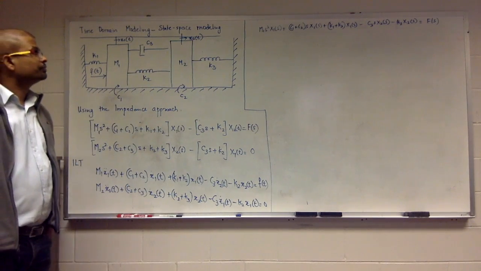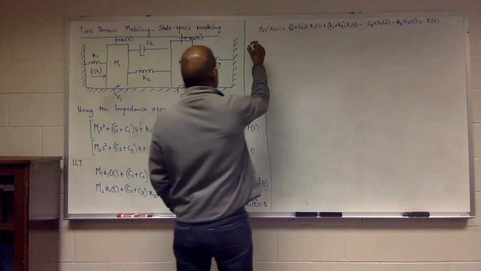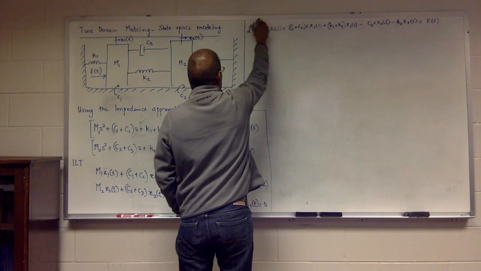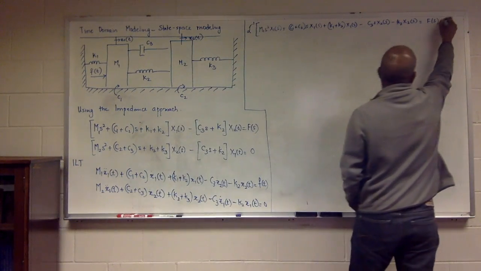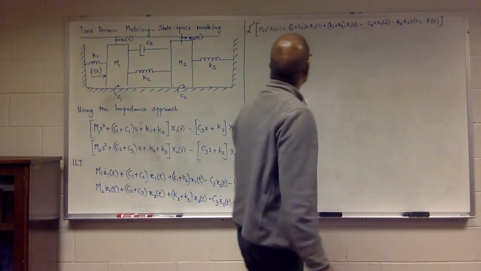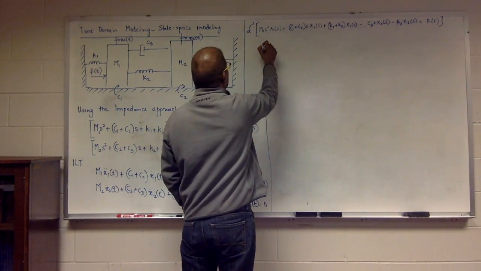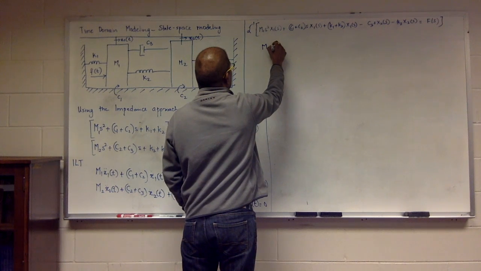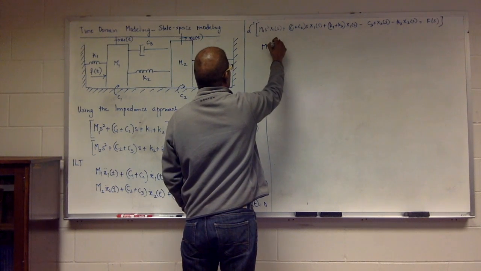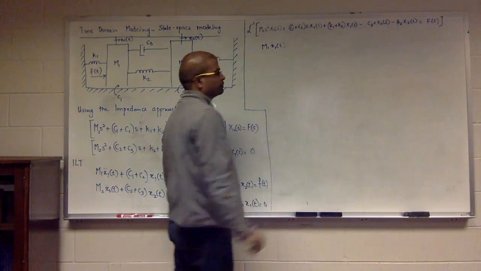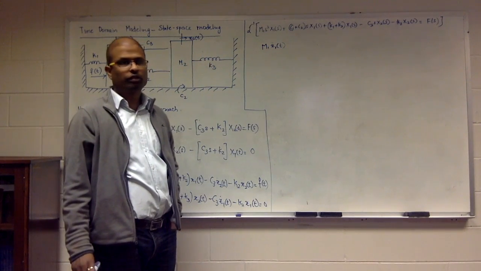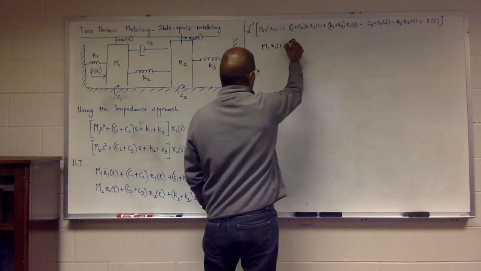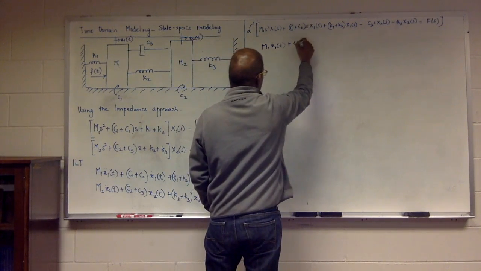Alright? Now, what I'll do is take the inverse Laplace on both sides, or the entire thing. So inverse Laplace of this is what? M1 x1 double dot of t. You got it? Simple. If there is an s square, this becomes x1 double dot. You see s, there is just one s, right?